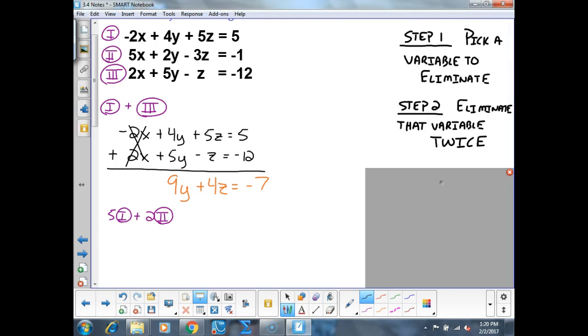Five times equation number 1 is negative 10x plus 20y plus 25z equals 25. 2 times equation number 2 is 10x plus 4y minus 6z equals negative 2.